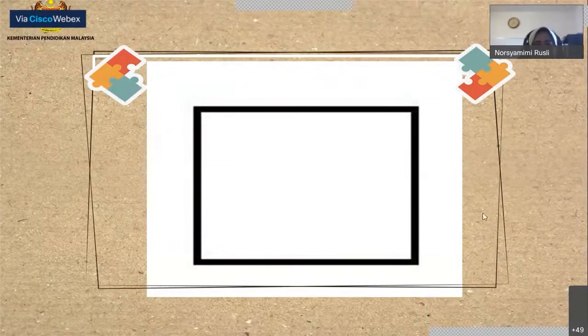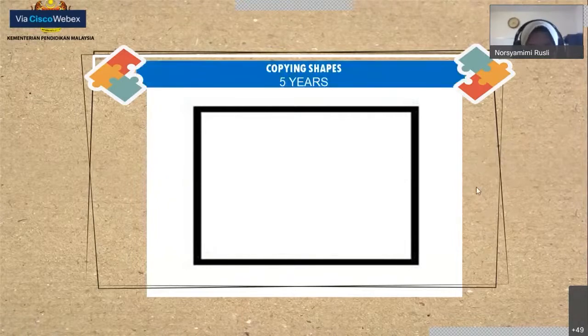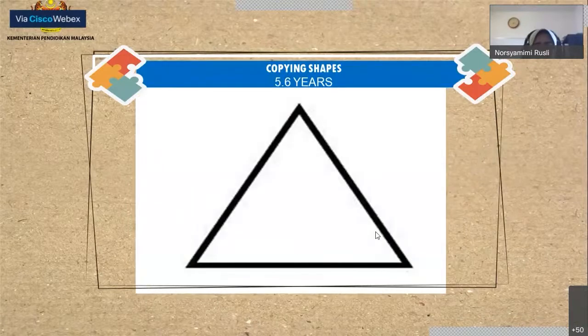For 5 years of age, it is expected for a child to be able to draw a square. And then a triangle at 5.5 years of age. Diamond, 6 years.